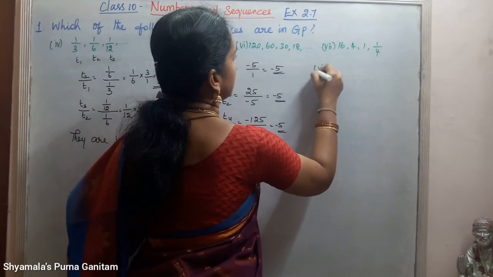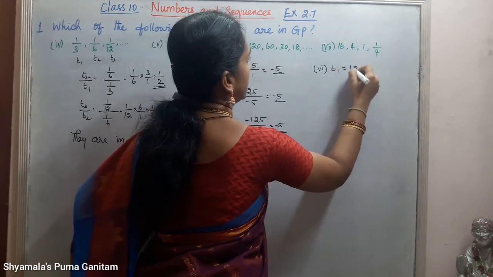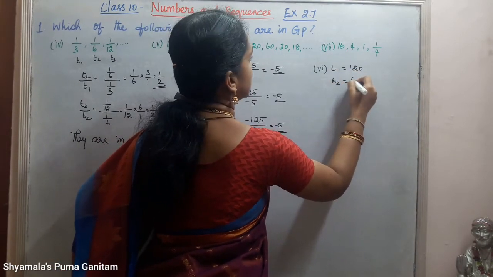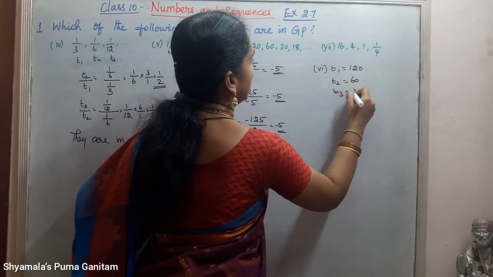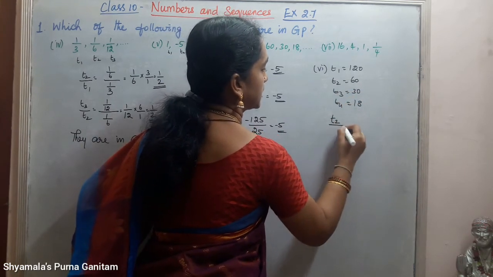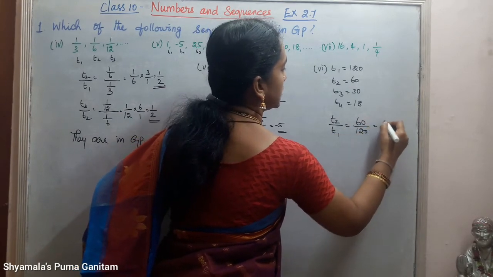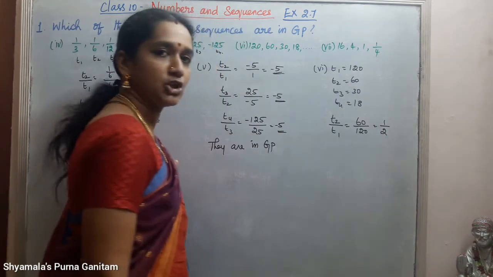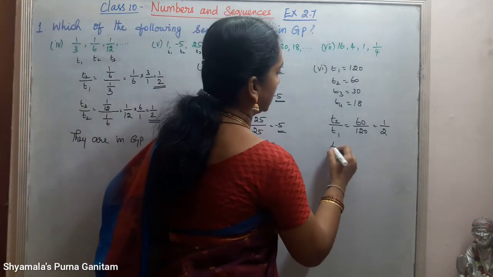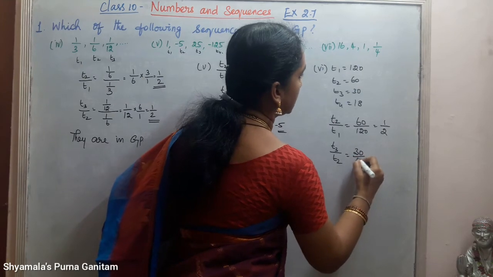Then the sixth sum is T1, T2, T3, T4. T1 is 120, T2 is 60, T3 is 30 and T4 is 18. When we compare the ratios, T2 by T1 is equal to 60 by 120. So when we simplify this, we will get the ratio as 1 by 2. Then T3 by T2 is equal to 30 by 60.